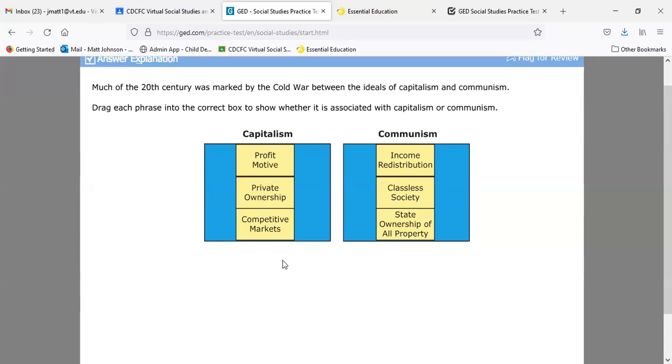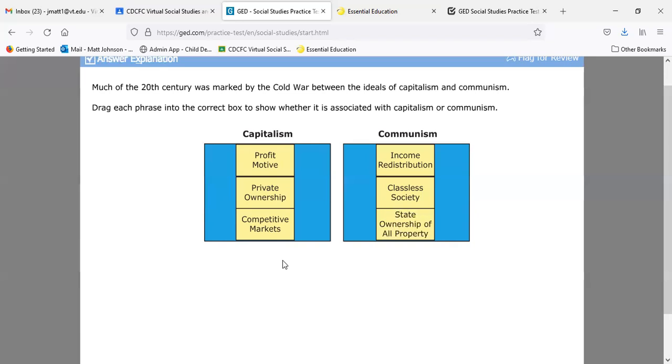Privately owned businesses, private property, motivated by profit, competitive markets, right? Markets drive prices of goods in capitalism. Communism, you have income redistribution. In theory, you have classless society. Doesn't always work that way, but that's the idea, is to eliminate class, right?